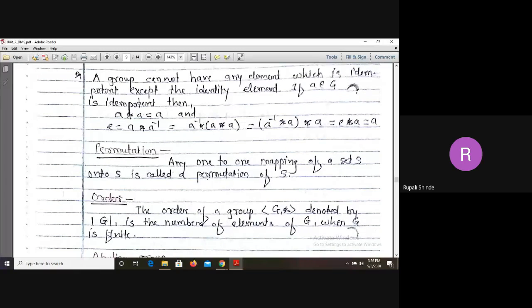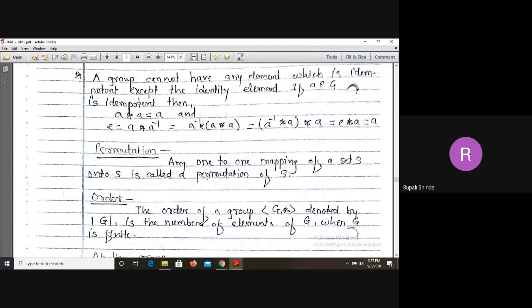There is one formula to find the number of permutations, and that is n factorial. Suppose your set S contains two elements, then the number of permutations is 2 into 1 factorial, that is 2.